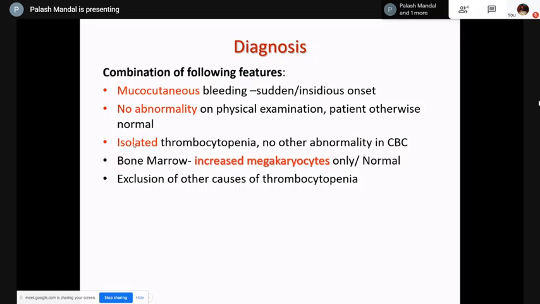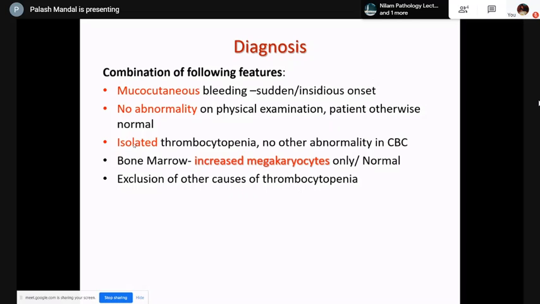And you have to note that the person is only having thrombocytopenia and no other abnormality in the CBC. There may be anemia because of bleeding, but the total WBC count should be normal. That is very important.